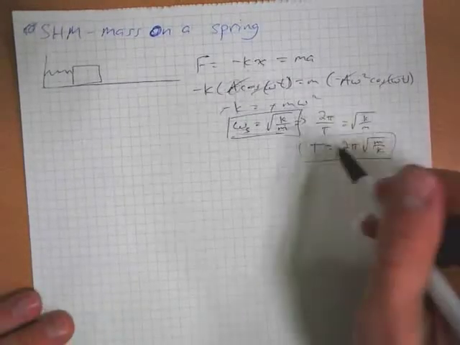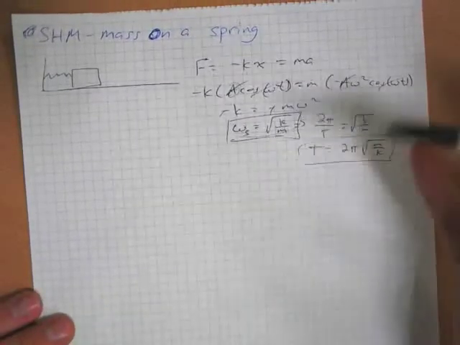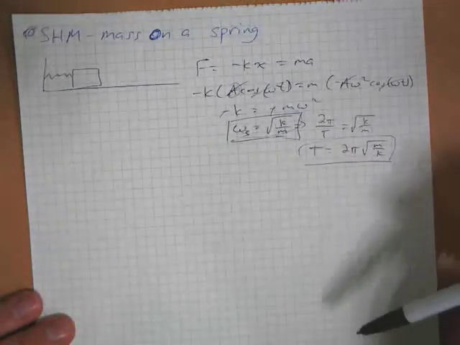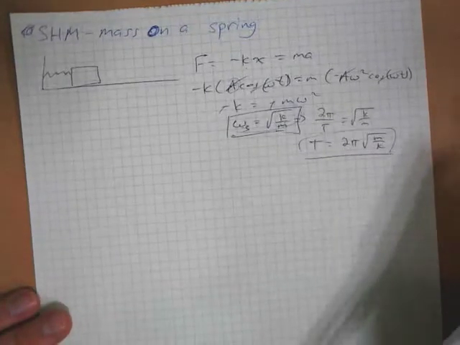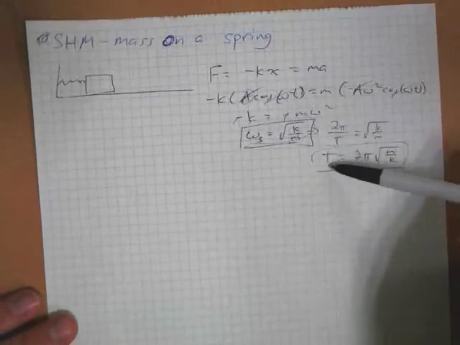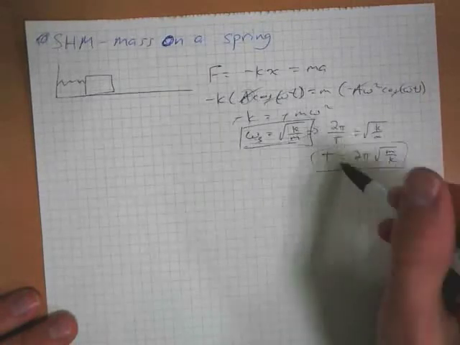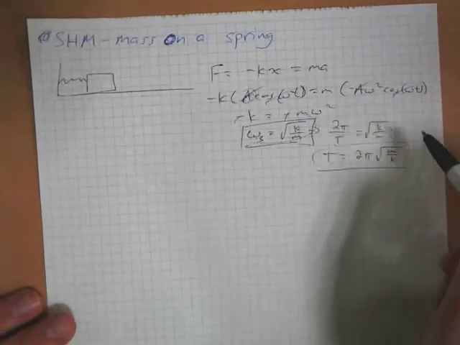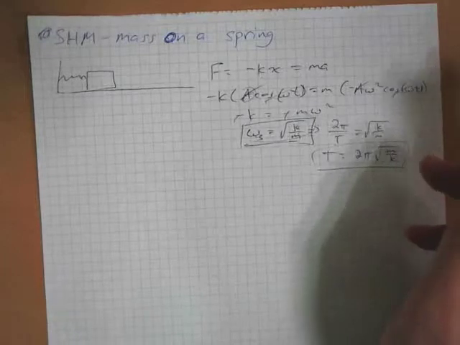And we'll be using this principle as part of a lab we're going to do when we get there. We'll be measuring the period and then comparing it to the ideal 2 pi times root m over k value.